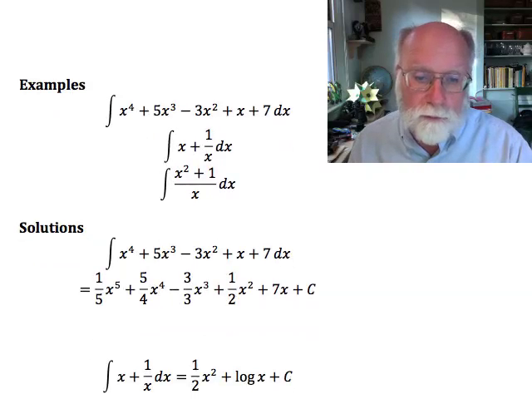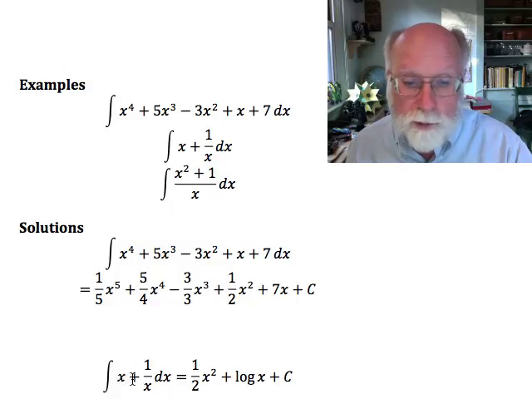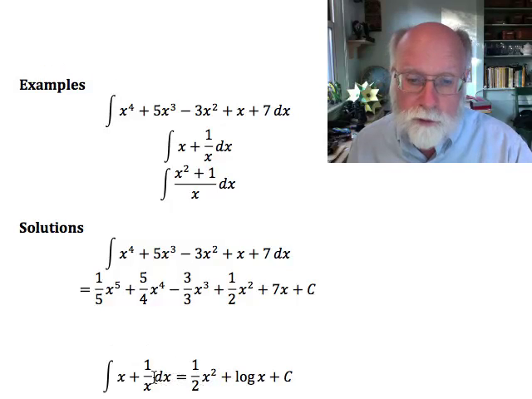Let's look at this integral, the integral of x plus 1 over x dx. Again, it's a sum of two functions. The first one has its integral, the integral of x is 1/2 x squared. The integral of 1 over x is log x, and so we get the sum of two functions.